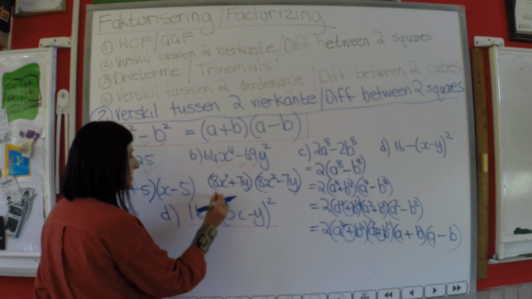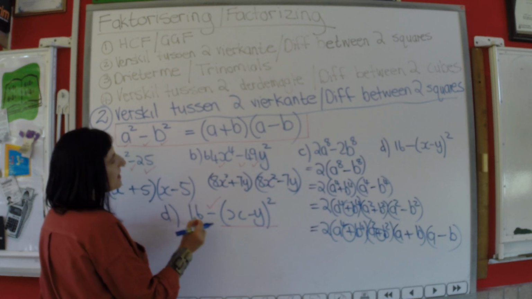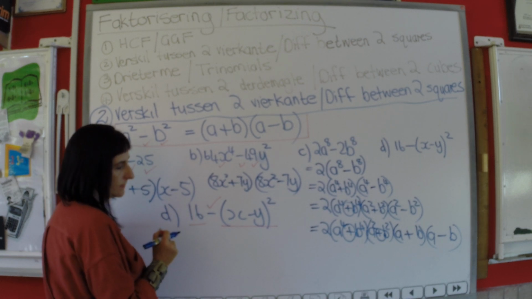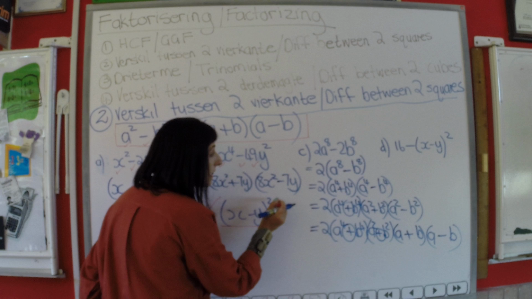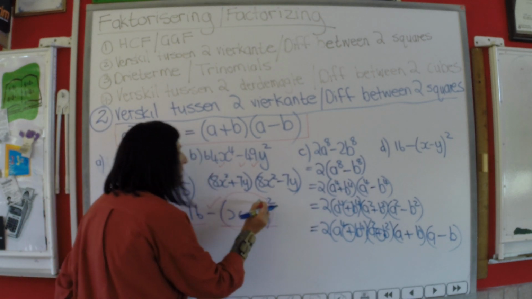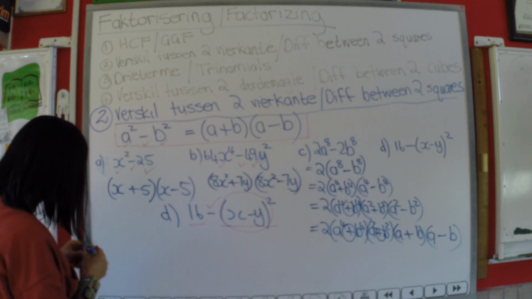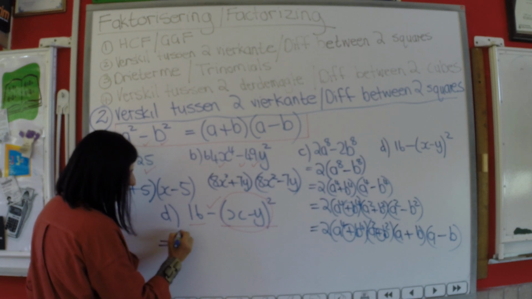Is it a difference? Is this a square? Ja, is 'n vierkant, want sy wortel is 4. Is hierdie 'n vierkant? Ja. Dis 'n hakkie maal met homself. So that's a square. So yes, for sure. Let's make 2 brackets.